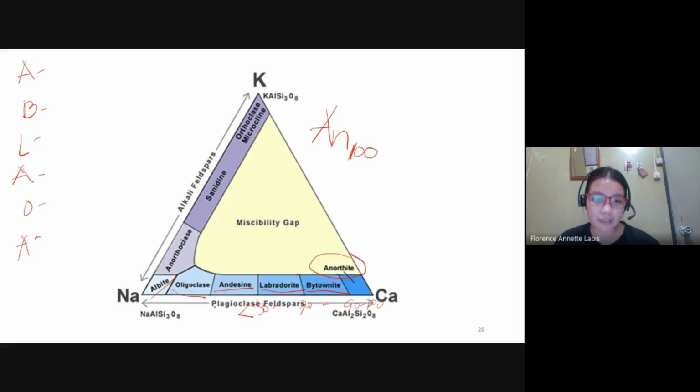Andesine would be 30 to 50, oligoclase 10 to 30, and albite 0 to 10 anorthite content. So again, it's easy, right? Because you always expect that the apex would always add up to 100%.